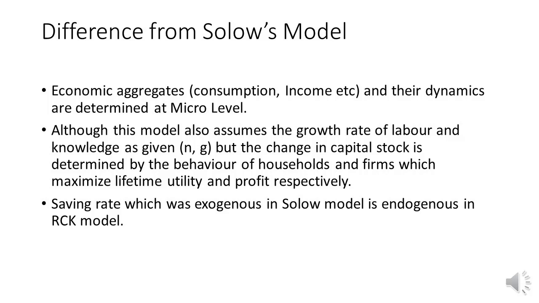So the second difference of the Ramsey-Cass-Koopmans model from the Solow model is that the change in capital stock is determined by the behavior of households and firms, while the households maximize their lifetime utility and the firms maximize their profits.